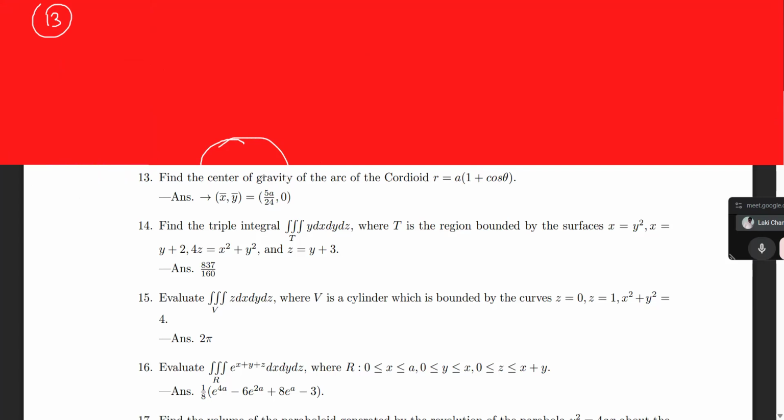Before finding center of gravity, first tell me what is the area of this. Can you tell me? Tell me what is the area of this?